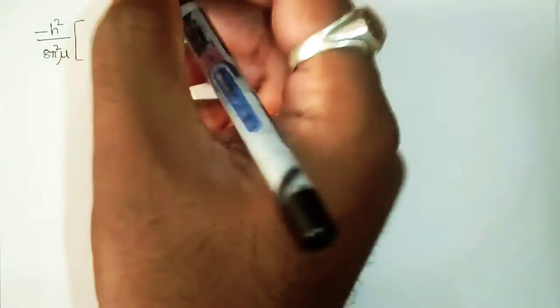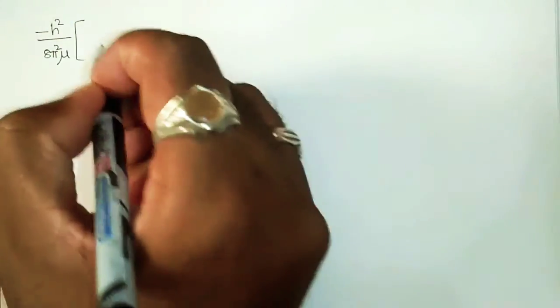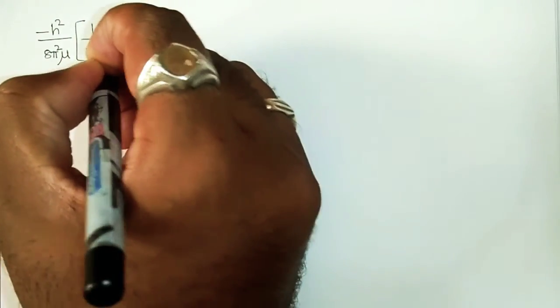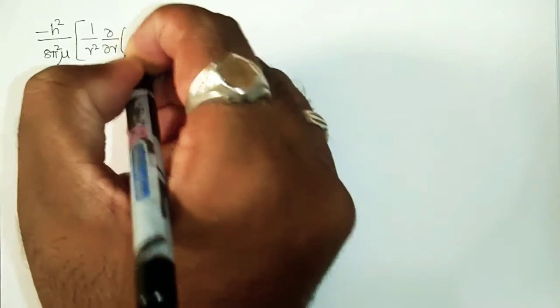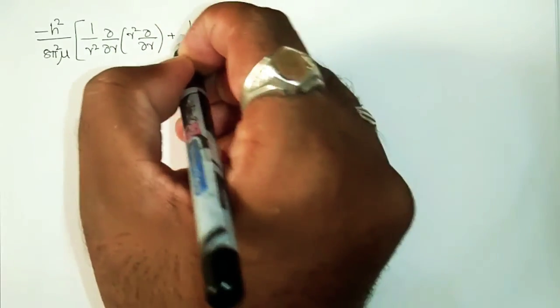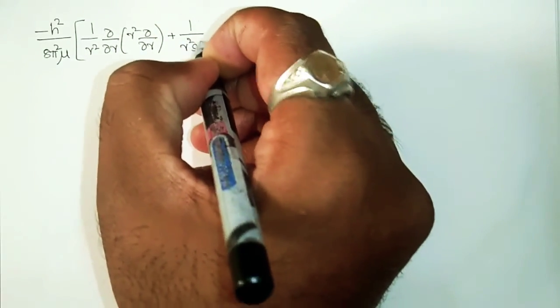And the value of del square is 1 by r square dou by dou r into r square dou by dou r plus 1 by r square sine theta.